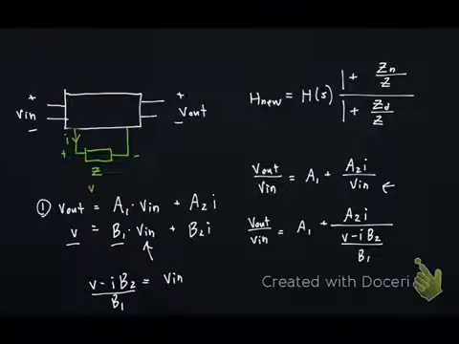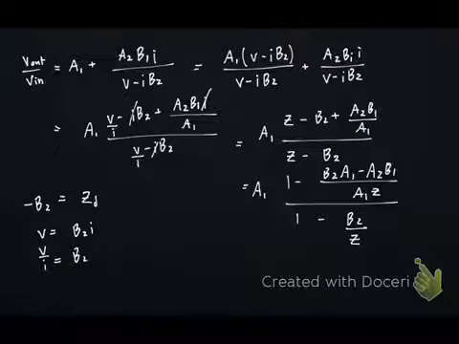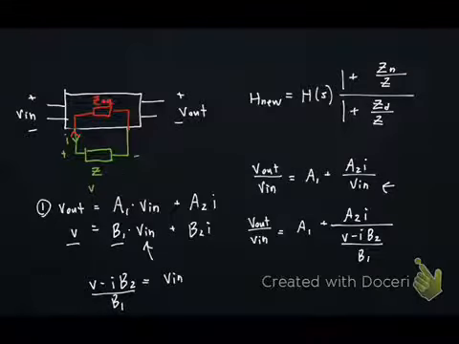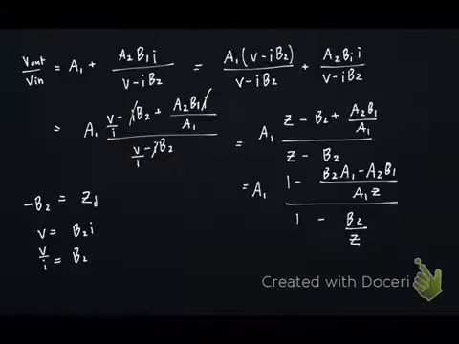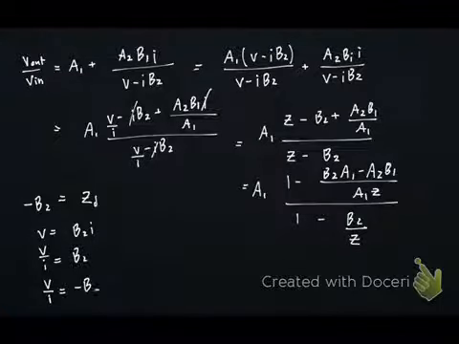If we're instead referring to the current that's going into the equivalent impedance, then we need to reverse the sign. So if we were to use Ohm's law, Z equals V over I, we just need to flip the sign of I. So V over I equals B2, or our corrected V over I equals negative B2.